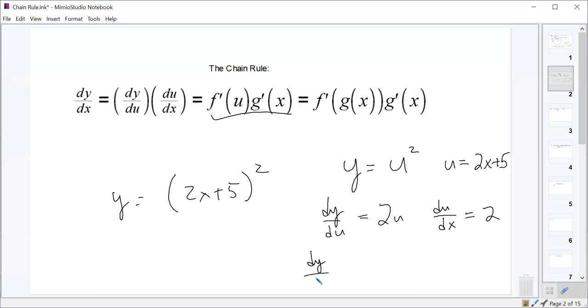We get that dy dx is equal to 4u, or 4 times 2x plus 5, which is not the 2 times 2x plus 5 that we thought it should have been, right? It's that power rule that you might have tried to do times the derivative of 2x plus 5. And that's how you do the chain rule.